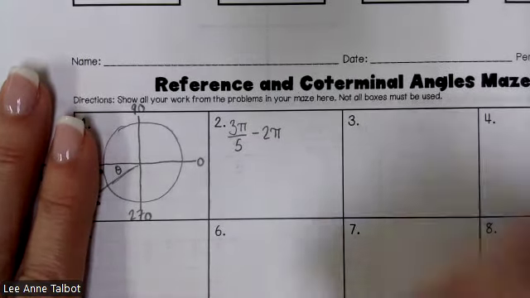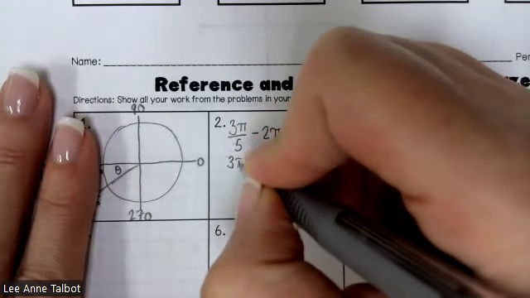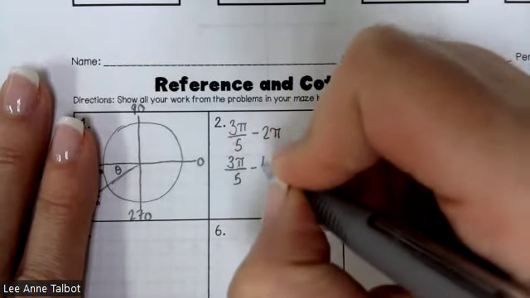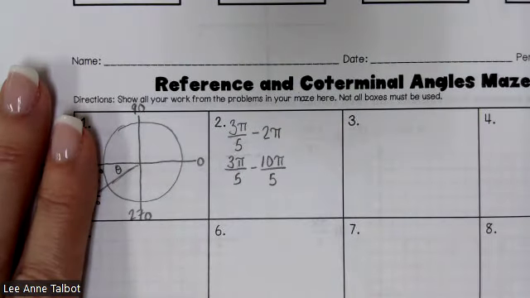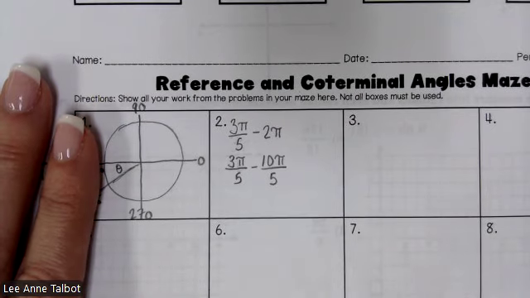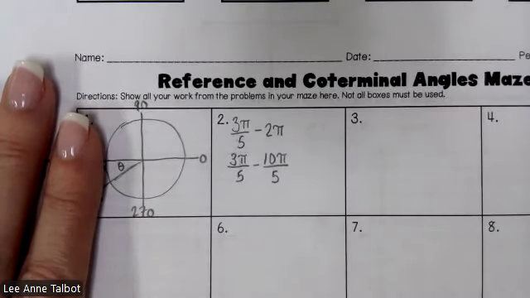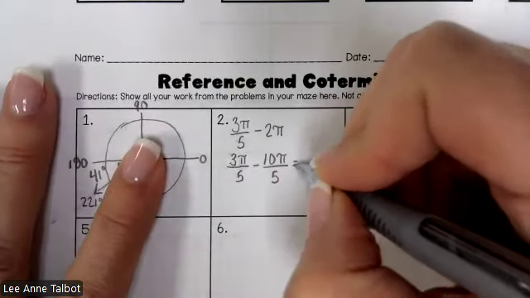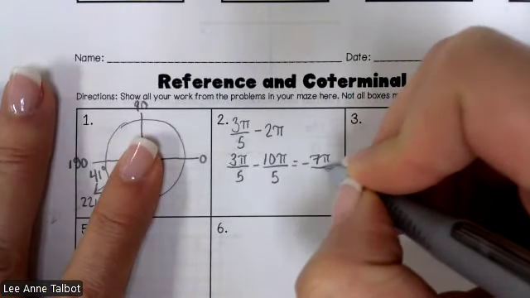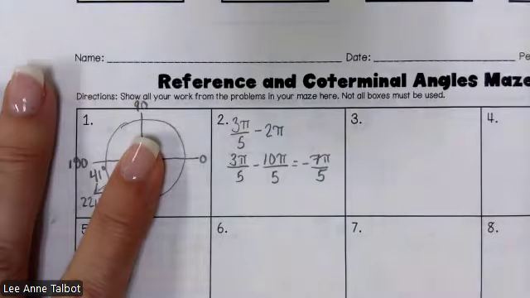So I want to minus 360. And I'm going to change that to be 10 pi over 5. And you can do that in your first step. You don't need to show the 2 pi. I just wanted to make sure we all knew what we were doing. 3 minus 10 is negative 7 pi over 5.